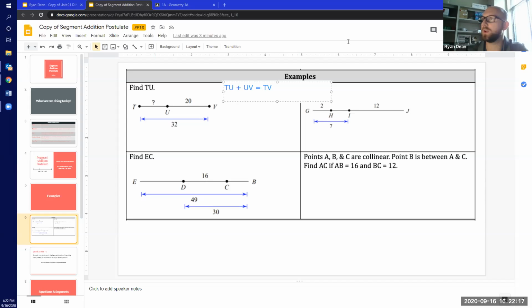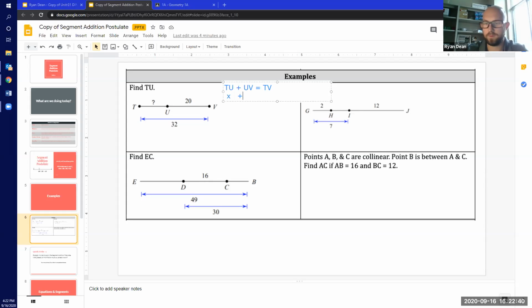Now the second thing that I'm going to do is I'm going to plug in what I know for each segment. So I know that segment TU is this question mark here. So there's two different ways that you could do it. You could either put a question mark, or you could use a variable. It's just a placeholder. It's a letter, and that's the most common notation.